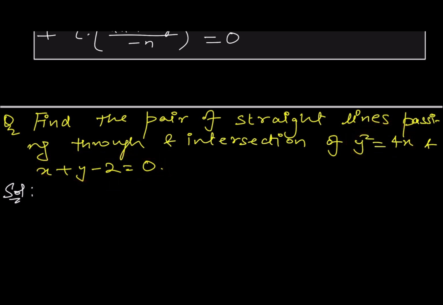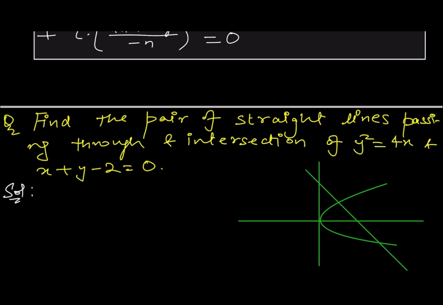Now let's do what we have learned. So this is y square is equal to 4x and a line x plus y minus 2 is equal to 0. Okay, the pair passing from origin and the intersection of these two, so this L1 and L2 we are finding.